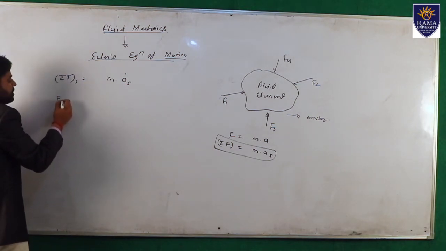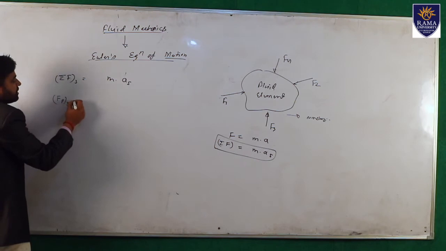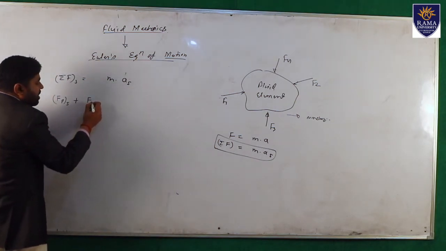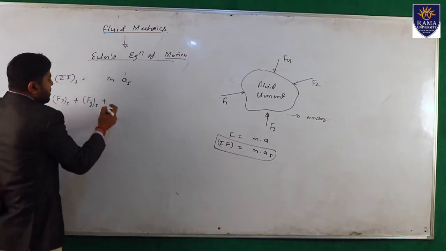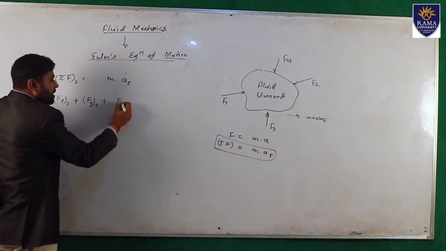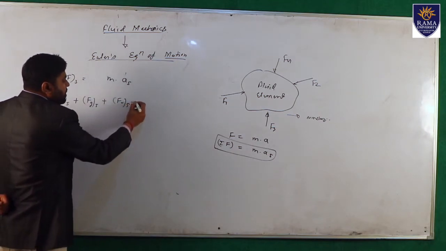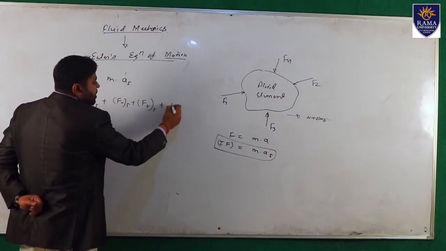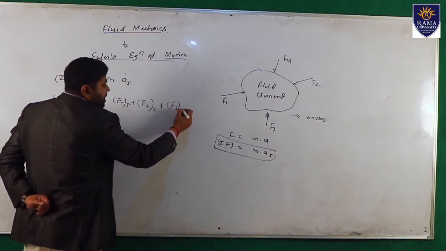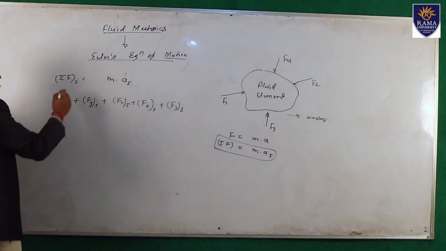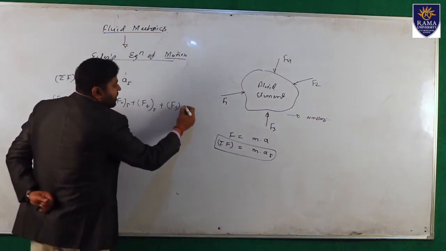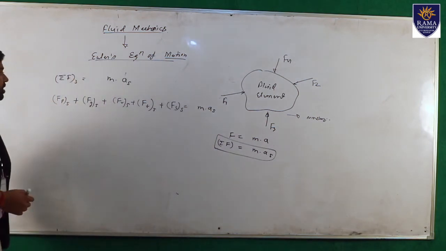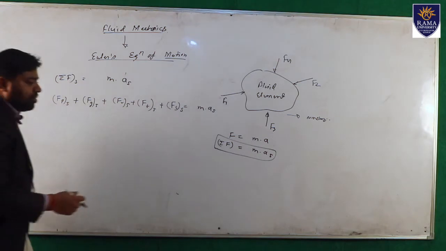First is the pressure force in the s direction, Fp, plus the gravity force Fg in that direction, plus the viscous force Fv in the s direction, plus the turbulence force Ft in the s direction, then Fc, the compressible force in the s direction. These are the sum of the forces, equal to mass into acceleration in the s direction.